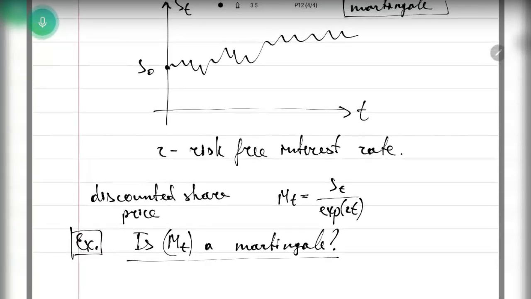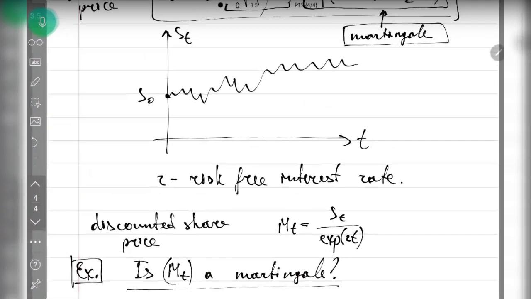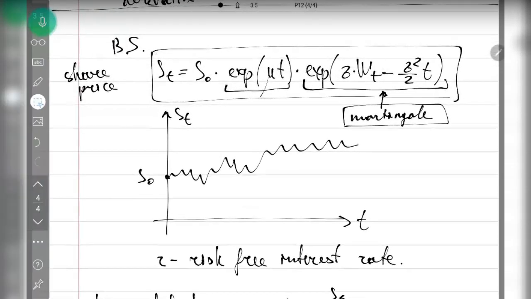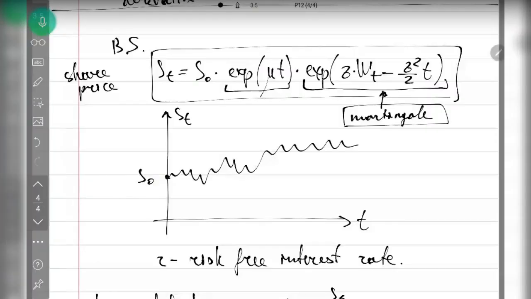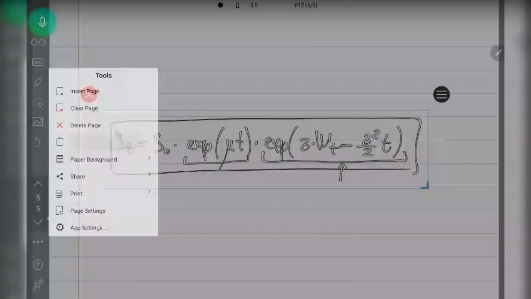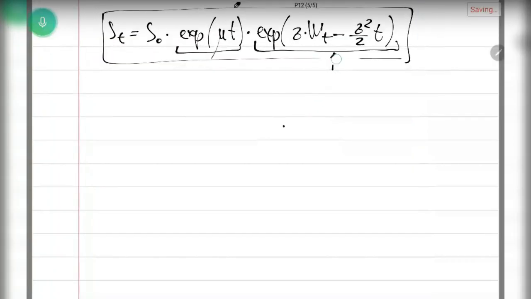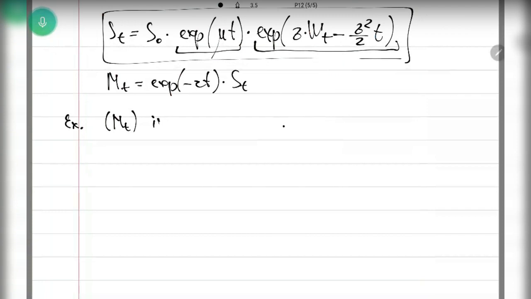Okay, how can we check that something is a martingale using our powerful tools like Ito's lemma? Let's copy all we need. M_t is exponent of minus R t times S_t. The first exercise is to check whether M_t is a martingale.